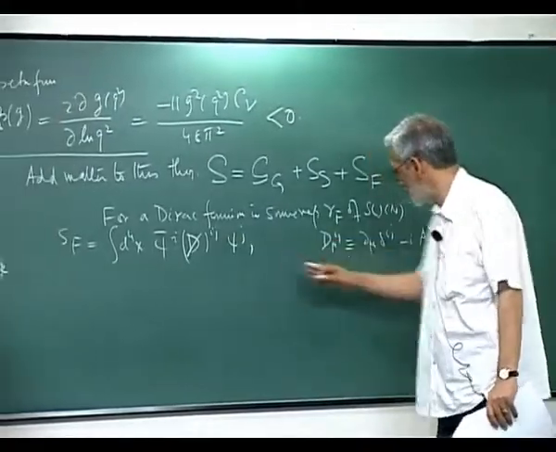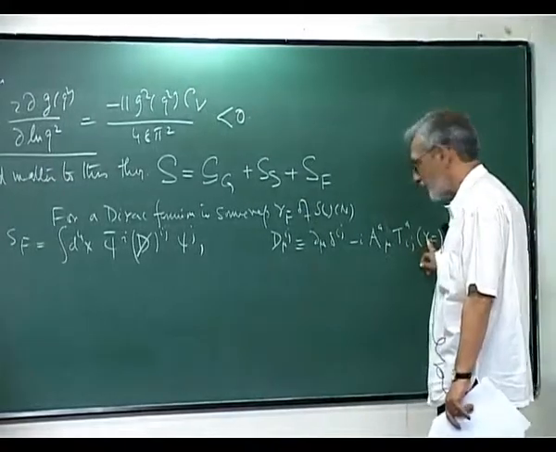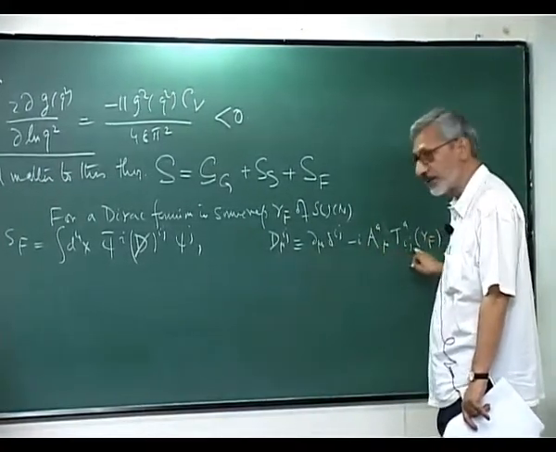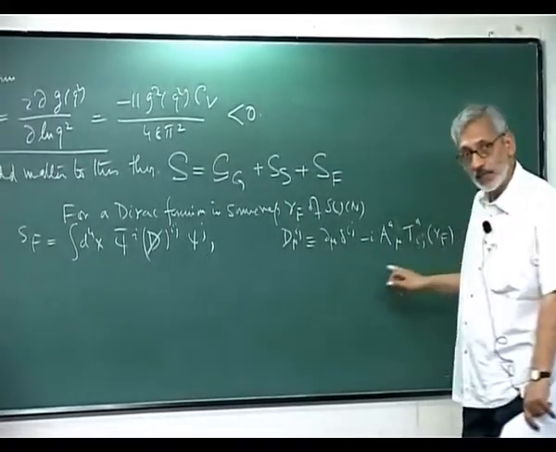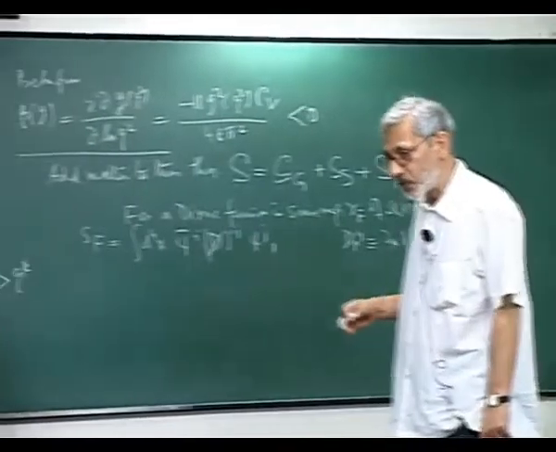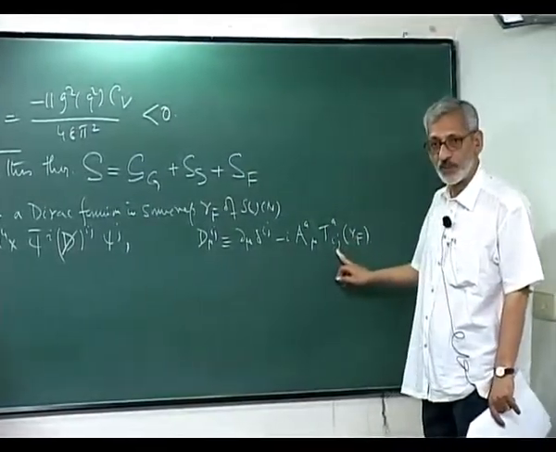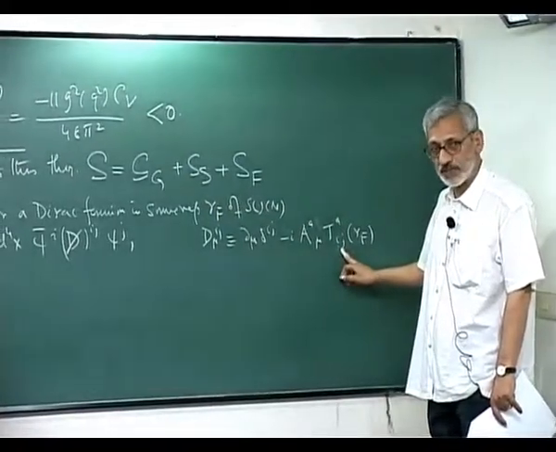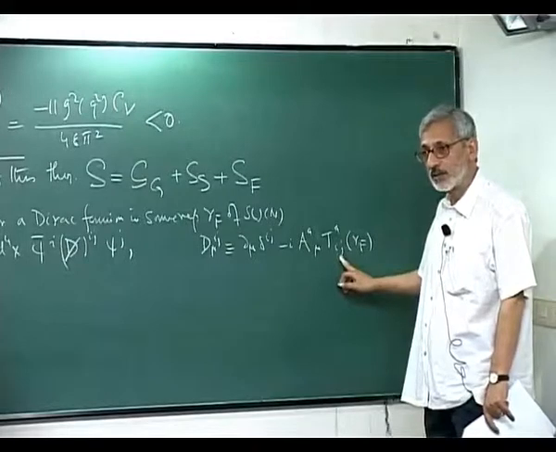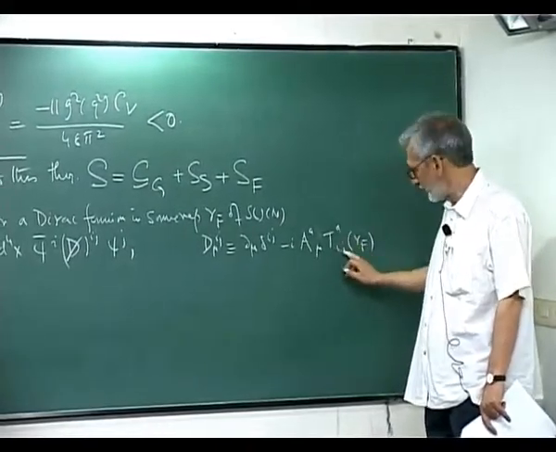So this is the covariant derivative for the representation R_f, whose components are labeled by these ij's, and T^a_ij is the corresponding matrix. So T^a_ij is N×N for the defining N-dimensional representation. It is (N²−1)×(N²−1) for the adjoint representation, each T^a.